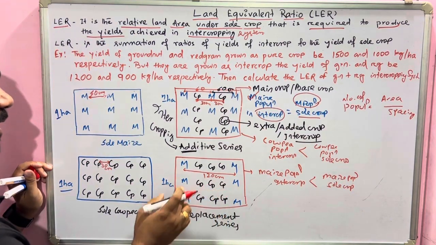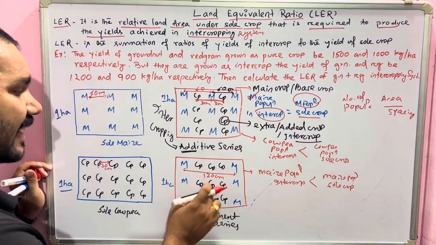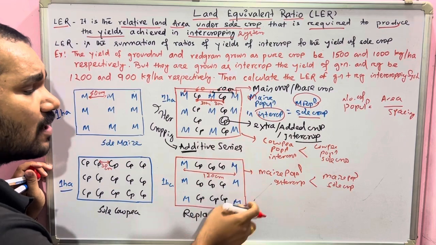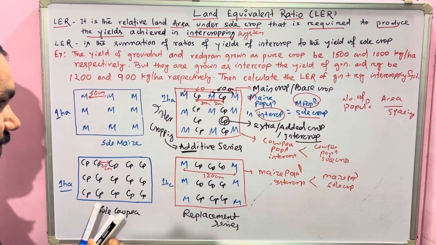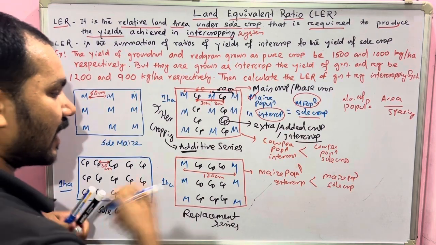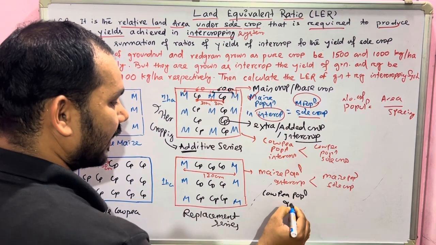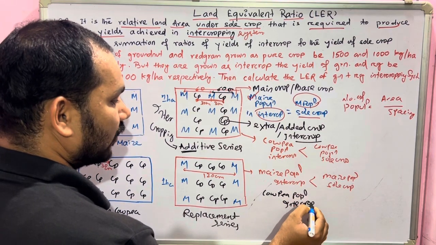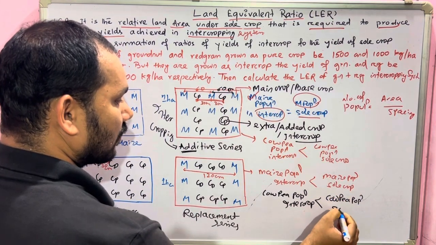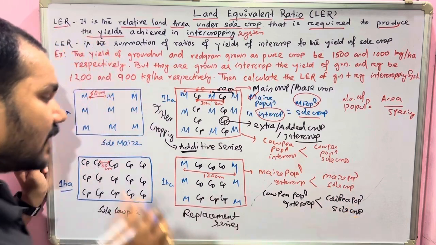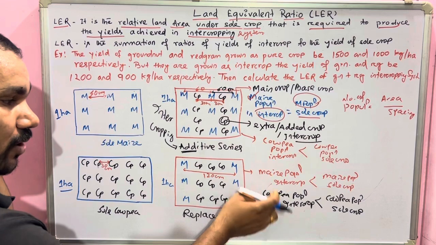And for cowpea, because there are some spaces where maize is present, the cowpea population will be less because some places are occupied by maize. Hence the cowpea population in intercrop is less than the cowpea population in sole crop.